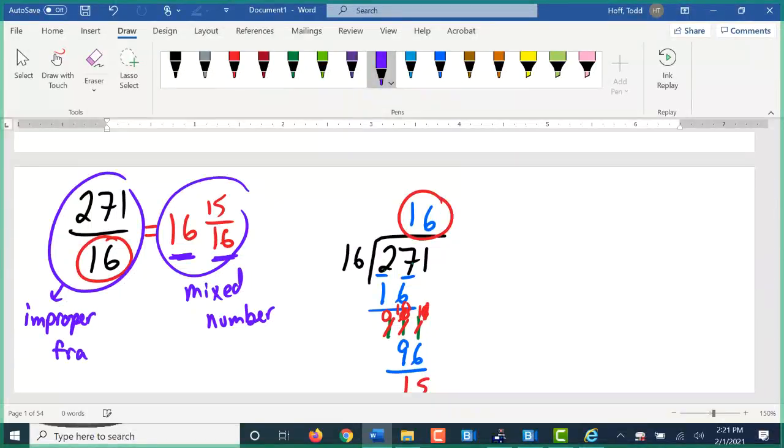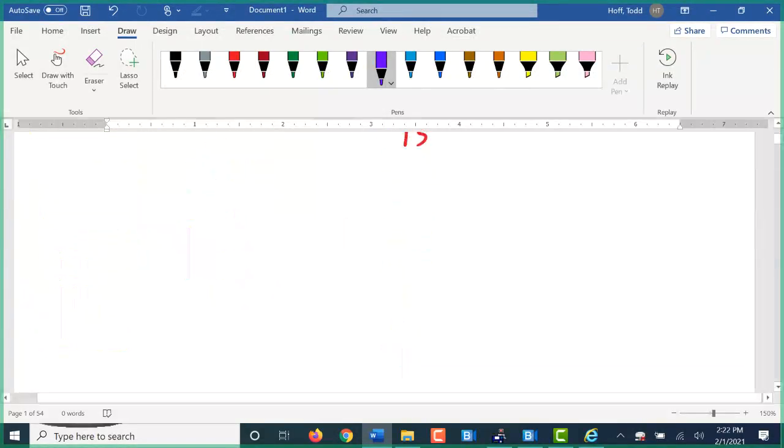Improper fraction implies that there's something wrong with it, but there's not. We don't like it because we don't like having the numerator larger than the denominator because it's simpler to put those into whole pieces and have the mixed number. But there are going to be times where we prefer to have that fraction as an improper fraction. So that's what we're going to do next.